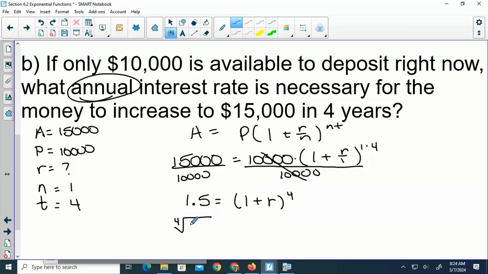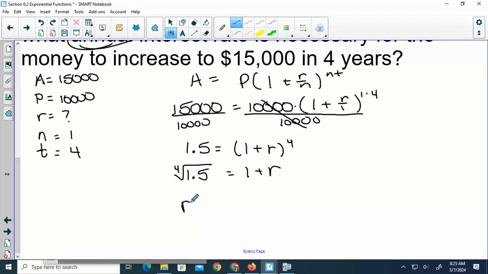Typically we would do a plus or minus. We actually don't need the minus here because an interest rate is always positive. So then to get the R by itself, you would have to subtract 1.